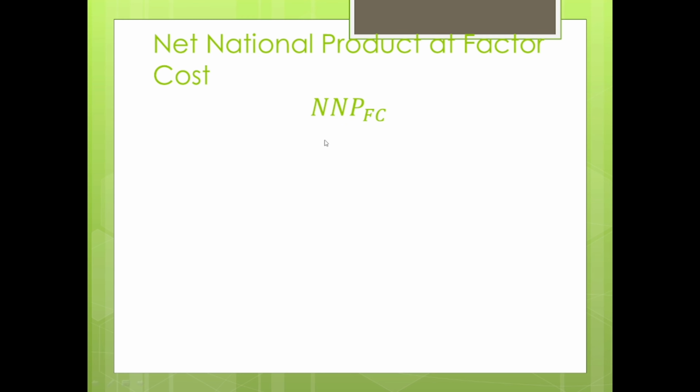Let's move on. Now let's see what is net national product at factor cost. All this time we were discussing market price. Now we are talking about factor cost. Friends, it is quite logical that in an economy, if I have to know income, why not add up everyone's income? That will give us national income, right?